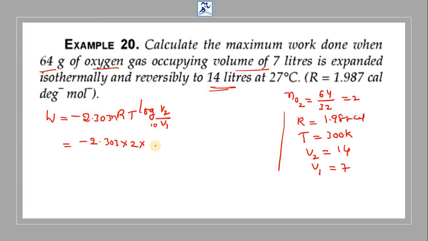The number of moles is 2, into R value 1.987. The final answer we are going to give in calories, that's why, into temperature 300, into log V2 by V1. V2 by V1 is actually log 2 only. Log 2 answer is 0.3010.